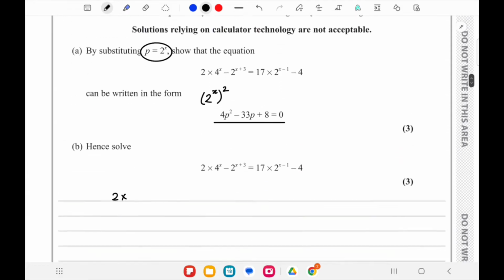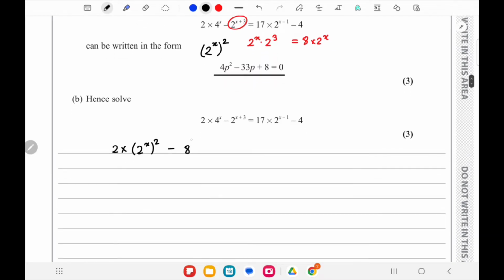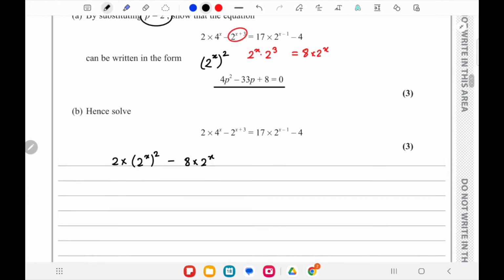So we'll write 2 into 2 to the power x whole squared, minus this one over here, 2 to the power x plus 3. You can write it as 2 to the power x times 2 to the power 3, so basically 8 into 2 to the power x.